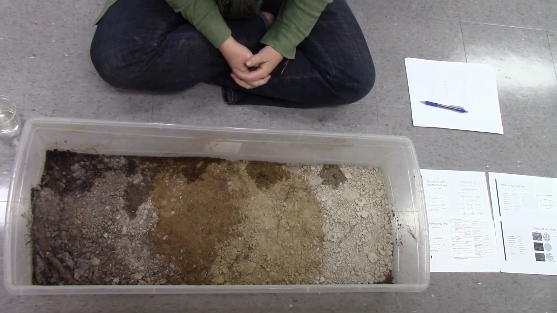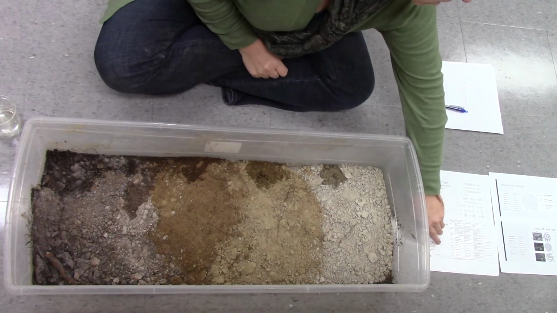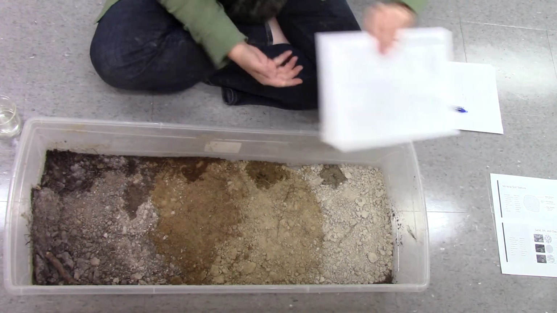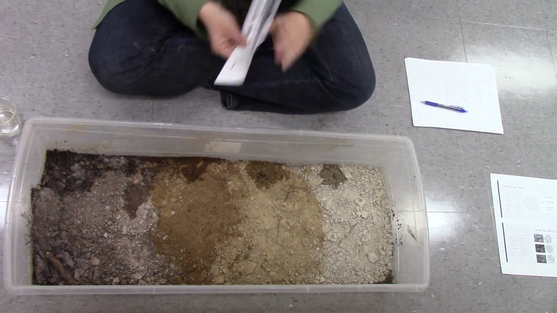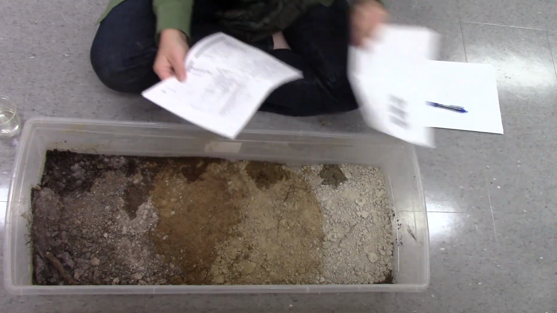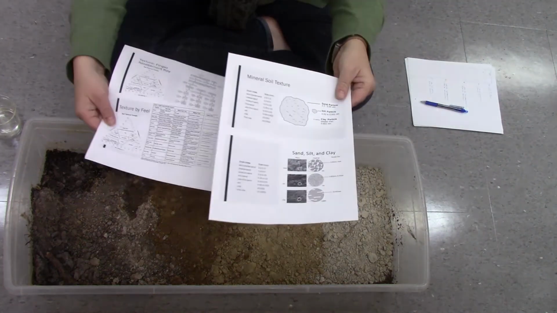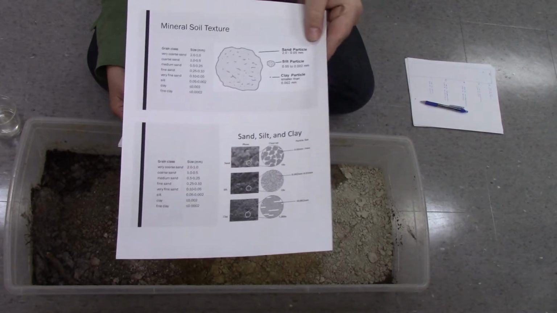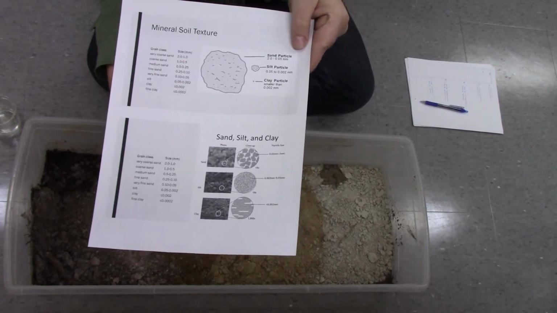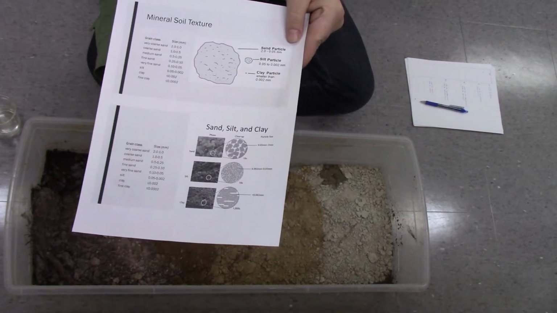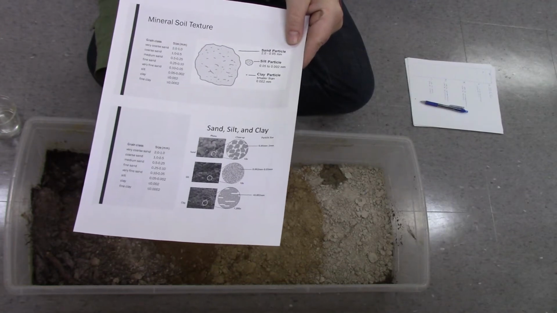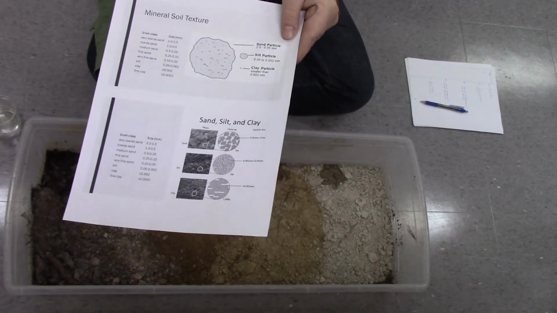Today we're going to look at soil texture. In your lecture, I define the different size classes of grains of soil, whether they're clay, silt, or sand, based on the size.